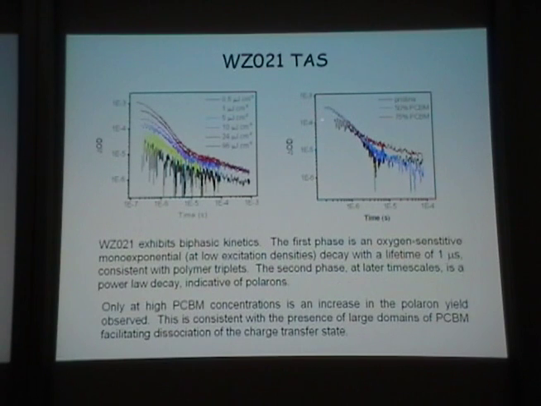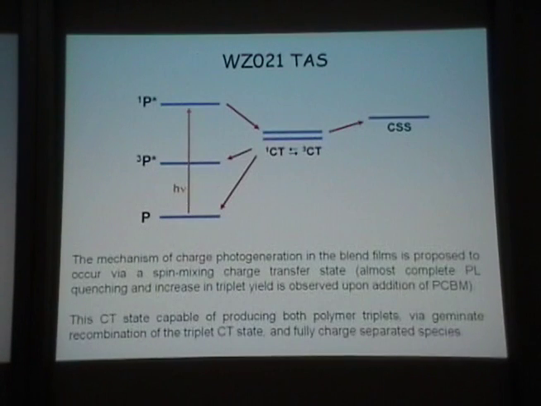The other important thing to note is that the triplet yield, which you can see in this fast phase, increases when you add the PCBM. The mechanism that was proposed to fit this data was that the polymer triplet, instead of being formed by intersystem crossing, forms by the spin mixing of the charge transfer state.